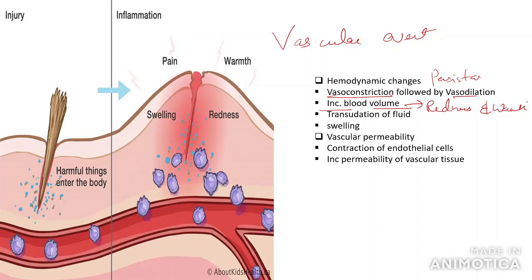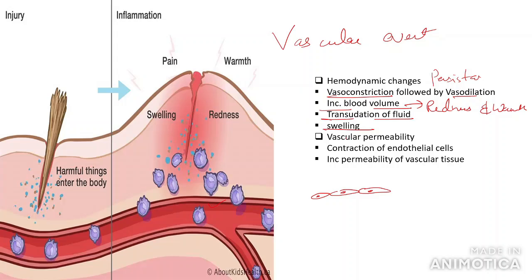Now, after that, there will be transudation of fluid in the extracellular spaces. Right, and that is going to cause swelling. So any kind of edema or swelling that we see around the area that is slightly being cut is because of the transudation of fluid in that area. Okay, now next, this blood vessel has certain endothelial cells arranged, right, and these are compactly packed.